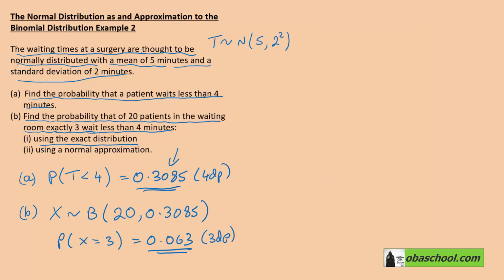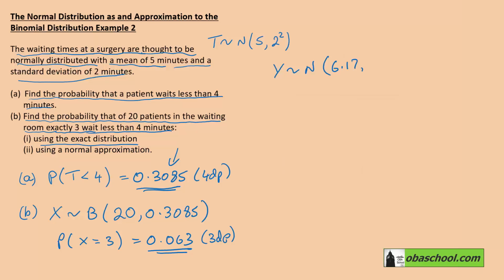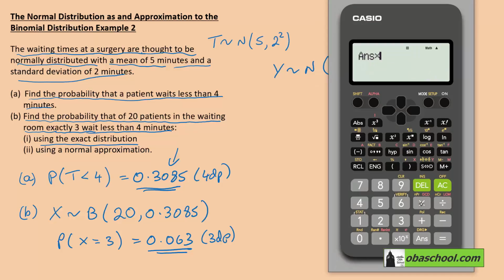Now we want to do that using a normal approximation. So my normal approximation, so we need the mean for this distribution, and that's just going to be 20 times 0.3085, so 6.17, and then for the variance we need to multiply that by 1 take away 0.3085.